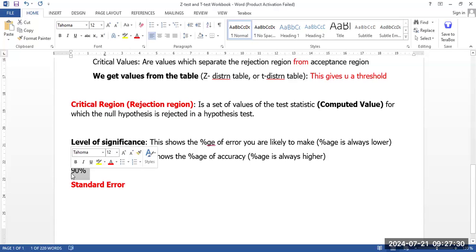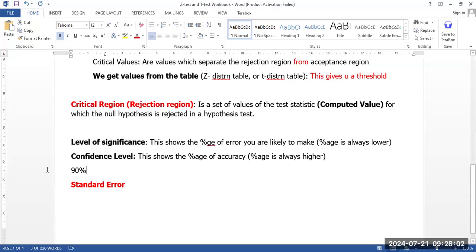And when we are reading the value from the table, we are going to be focusing on the level of significance. So every time you're given a confidence level, you look for the level of significance.